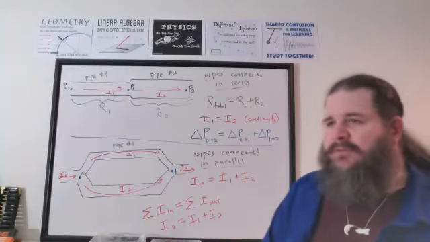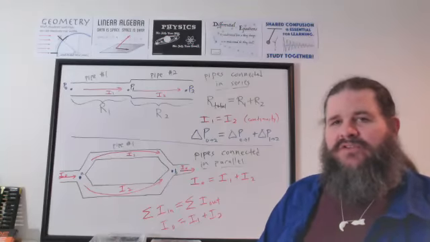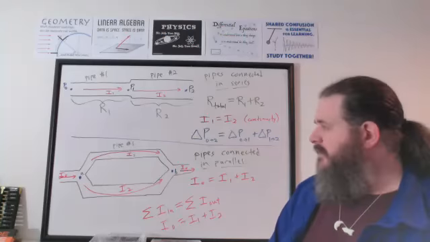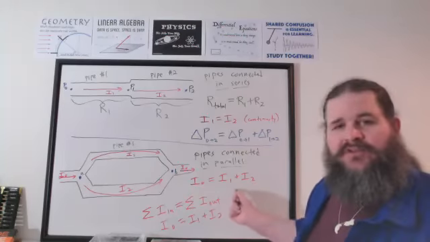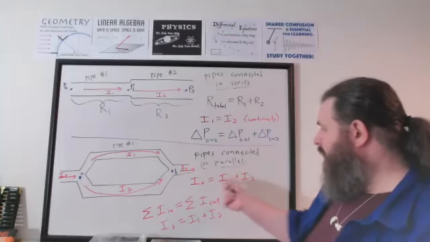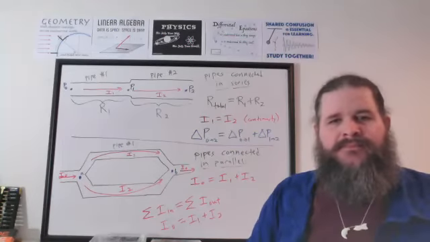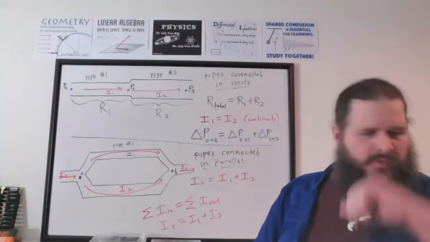If they have different resistances, then whichever one has less resistance gets more of the current. But they do, in general, have to split up the available current, and this continuity principle still holds. The current flowing in has to match the total of all the currents flowing out, and vice versa. Any questions on current so far?